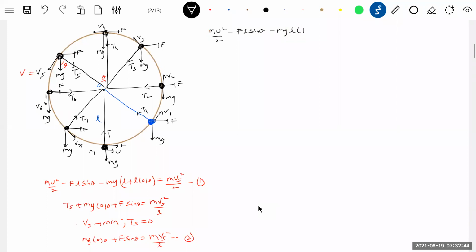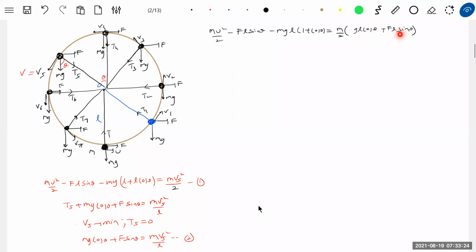v5 will be, this is 2, no? Just check once. I think mv5 square equals GL cos theta plus FL sin theta. Okay, I did the same thing. Yes.